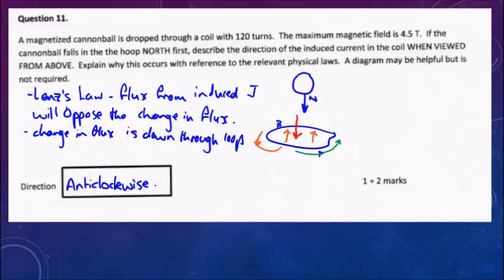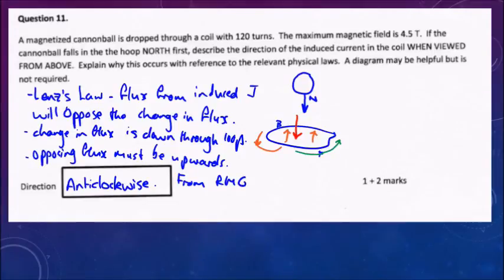What that means is that the opposing flux must be upwards, and then from the right-hand grip rule, we know that the current is anti-clockwise. Sorry, that's barely speaking English.